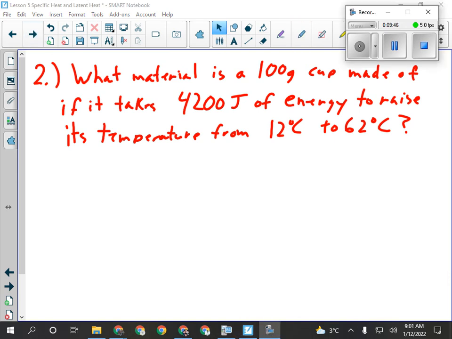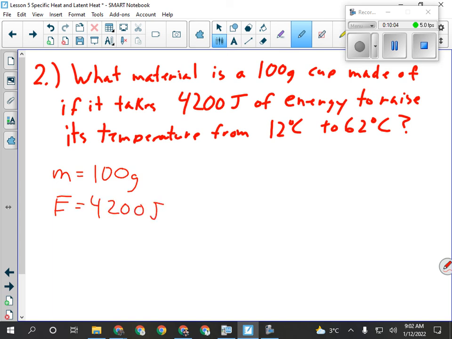Okay, so for question number 2 here, it's asking what material this cup is made out of. So my givens are that I know the mass, it's 100 grams, and I know that it's going to take 4,200 joules, so that's E, to raise its temperature from 12 to 62 degrees, so that means the temperature change is 50 degrees Celsius.